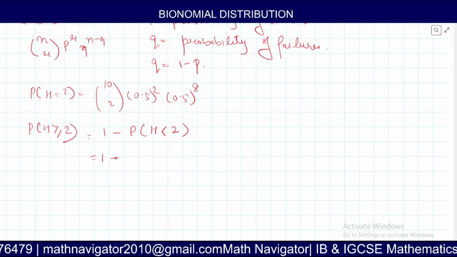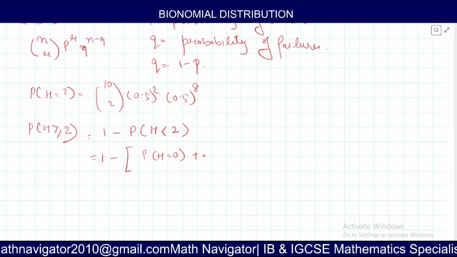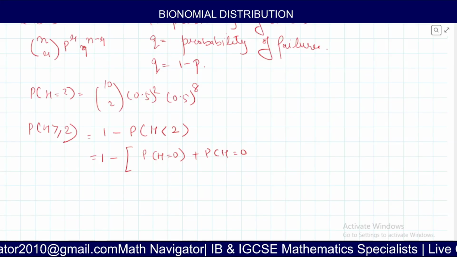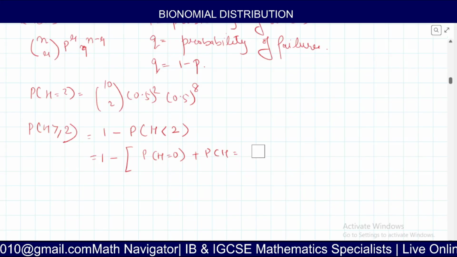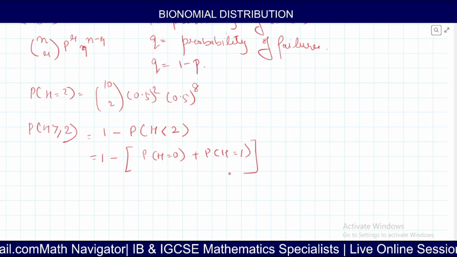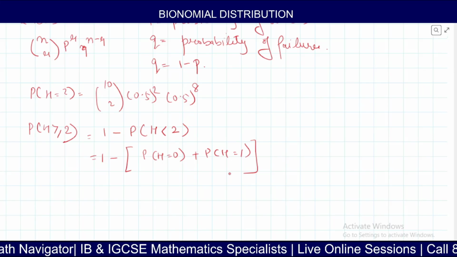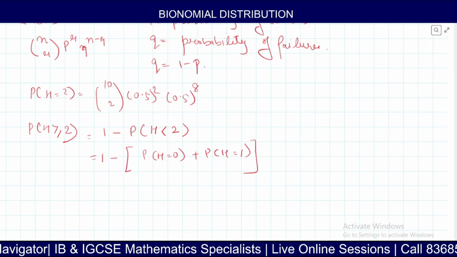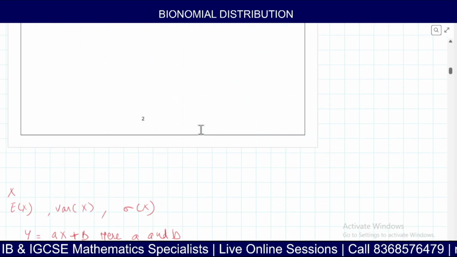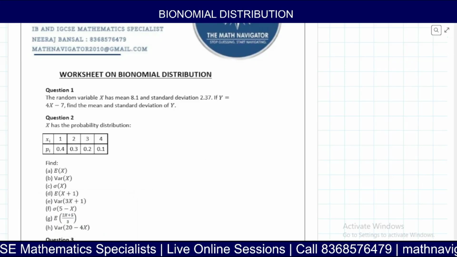This means 1 minus [probability of head equal to 0 plus probability of head equal to 1]. This is the way you will use the calculator and solve it. When we do the questions, I will do them with the calculator so that you will be able to understand. I hope up to here this is very clear. Now let us come back to the questions themselves, so let's do this.